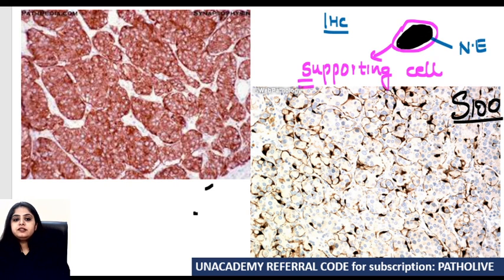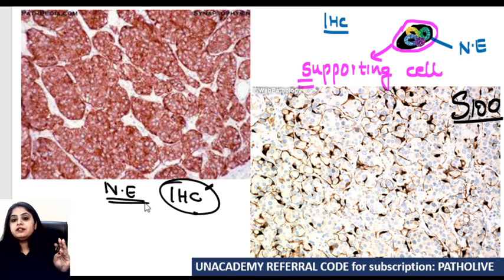I know the central cells, that is the chief cells that I'm talking about, will all be neuroendocrine positive, and the supporting cells will all be S100 positive. So this is the brown color. If I've got a brown color technique, I'm dealing with immunohistochemistry. So this is the brown color that I've got with all the neuroendocrine markers, synaptophysin, chromogranin. Can you see the entire cells are coming brown?